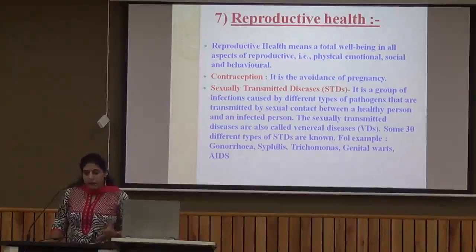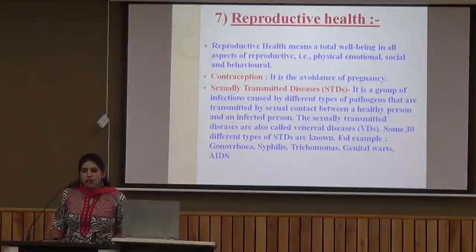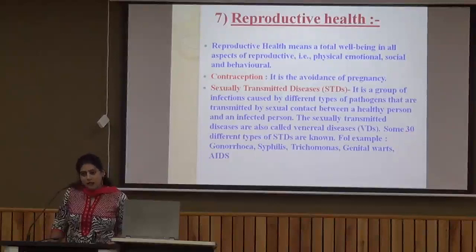Reproductive health means physical, emotional and social well-being. Social means your behavior. If you are sound and happy in your brain, it will be shown in your behavior. If you are physically fit, you will be seen happy. So it is required that you are socially, physically as well as mentally well.